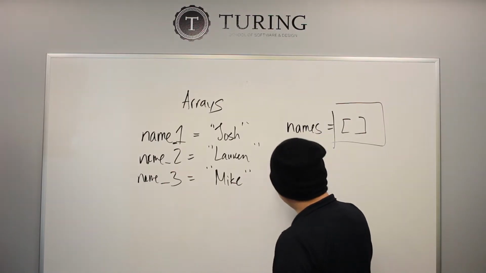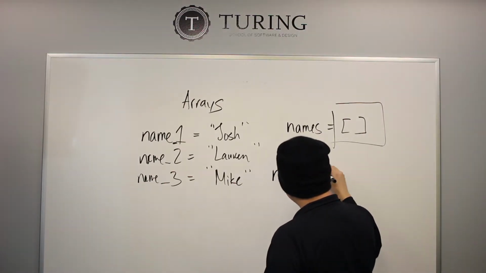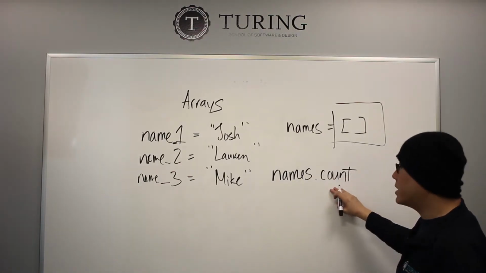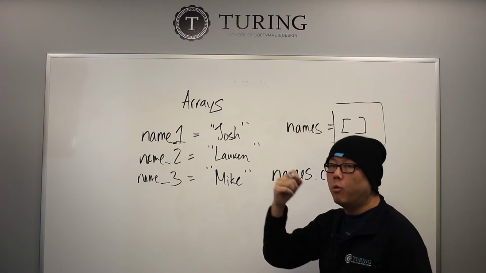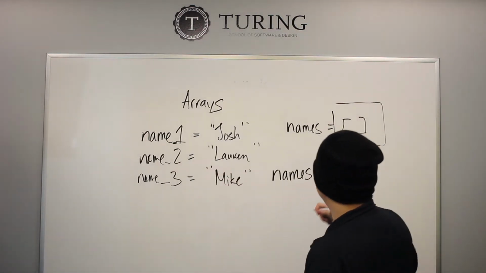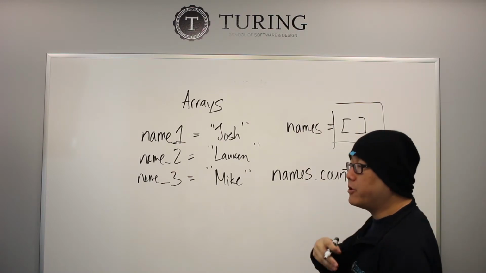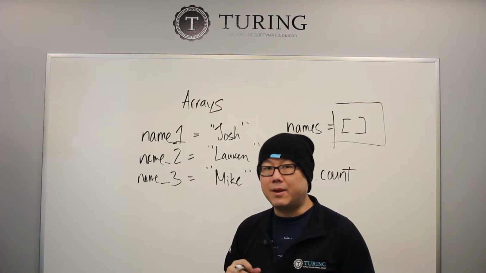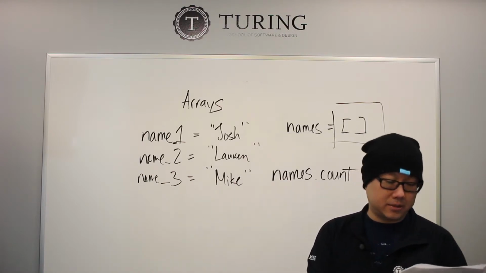If you type names.count, which means we are running the count method on the names array, what do we get? Well, we get 0, because this is an empty array and there are 0 things in it. Much like if we have an empty box, there are 0 things inside this box.